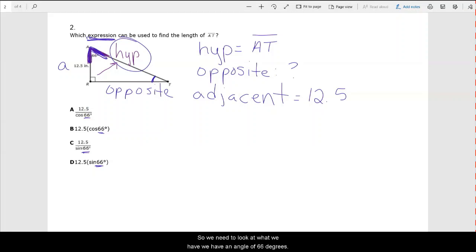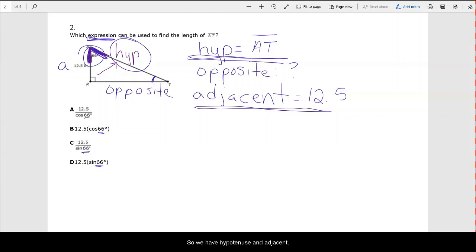We have an angle of 66 degrees. We have a hypotenuse that we're solving for, that is our unknown, and our adjacent, which is known. So we have hypotenuse and adjacent. Which trigonometric ratio uses hypotenuse and adjacent? Well, that's going to be our cosine because it's CAH. So CAH-TOA, don't forget.